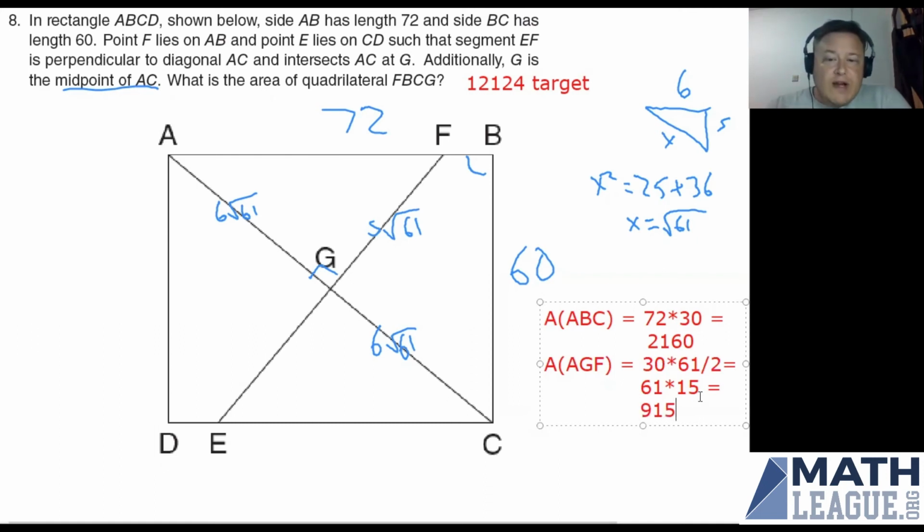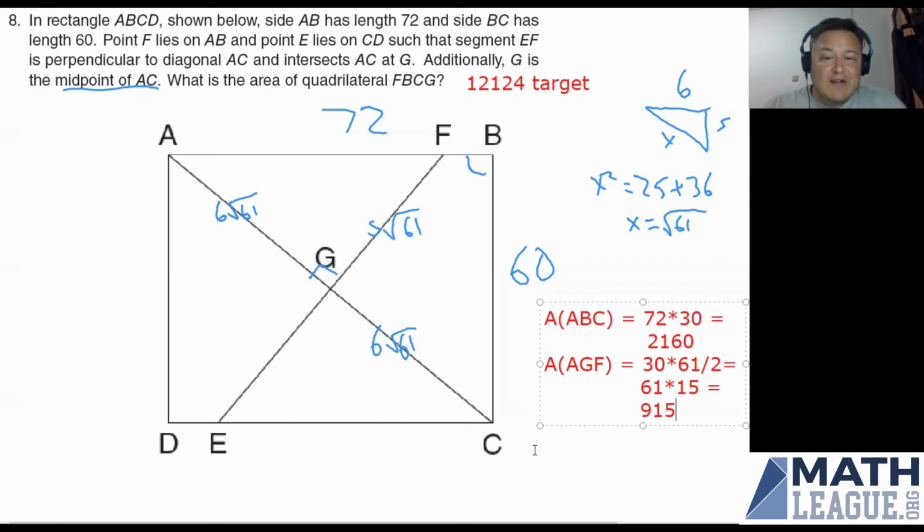Now notice what we've got at this point. I have the area of triangle ABC. That whole thing is 2160. And then we found triangle AGF, the area was 915. So at this point, if we want to find the area of the quadrilateral, we take the whole triangle ABC, we get rid of the stuff we don't want, which is AGF.